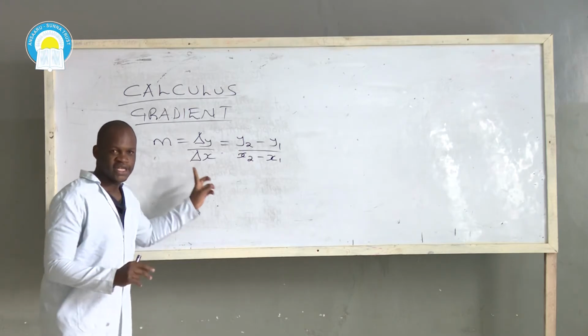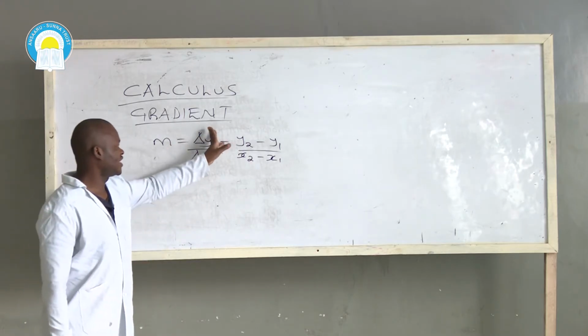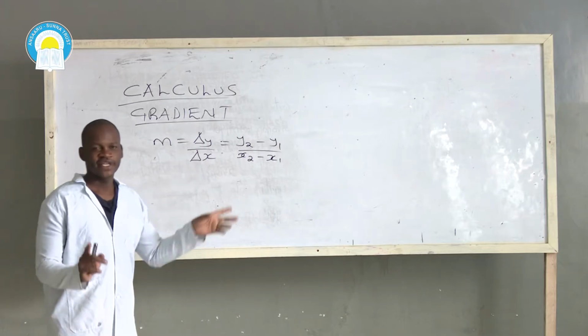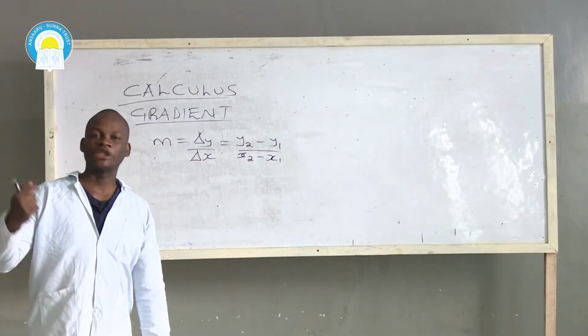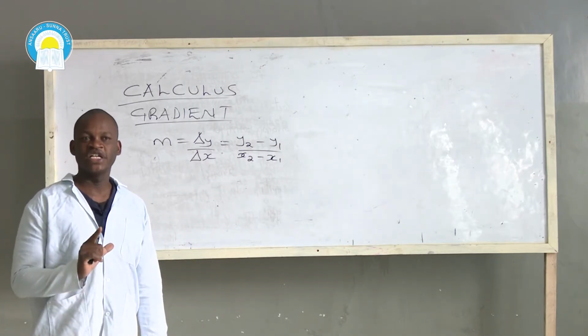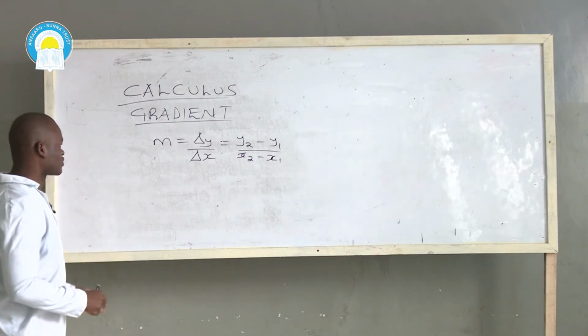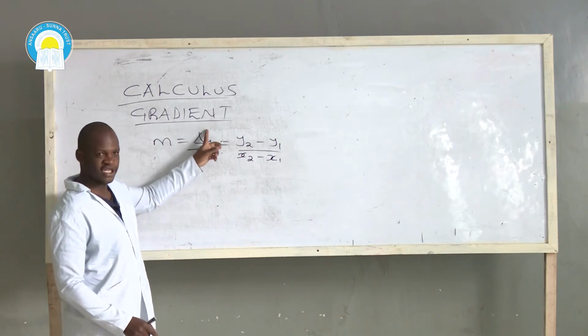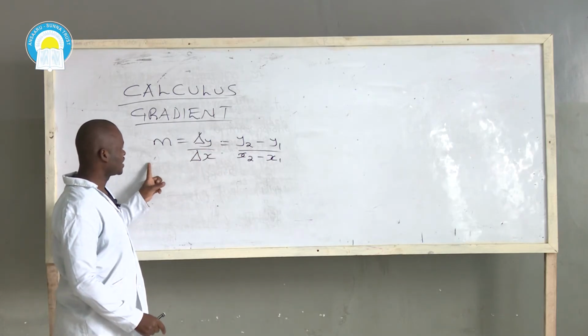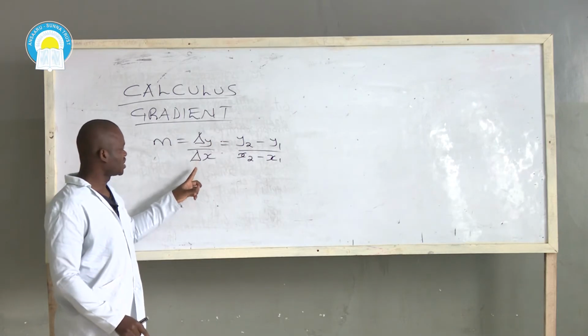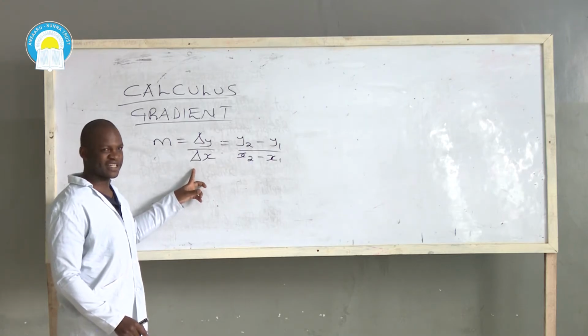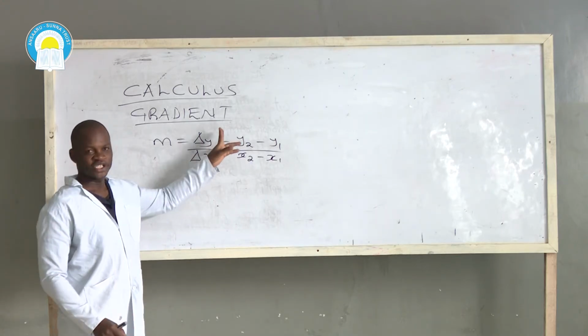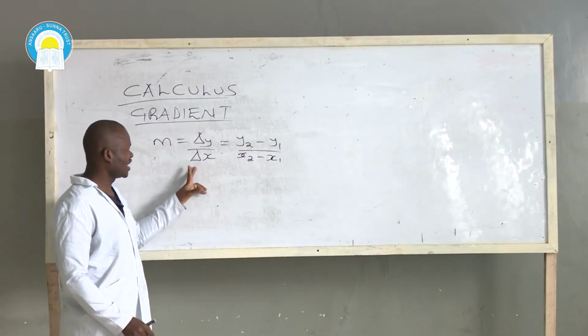Number one, gradient is change in y over change in x and not change in x over change in y. A number of students normally confuse that and interchange this, and they have their gradient as change in x over change in y, which is a mistake. Gradient is change in y over change in x.